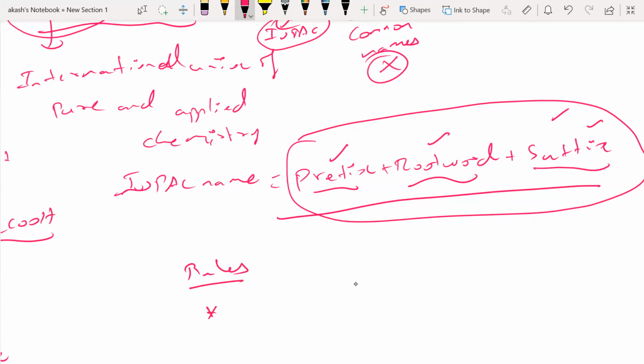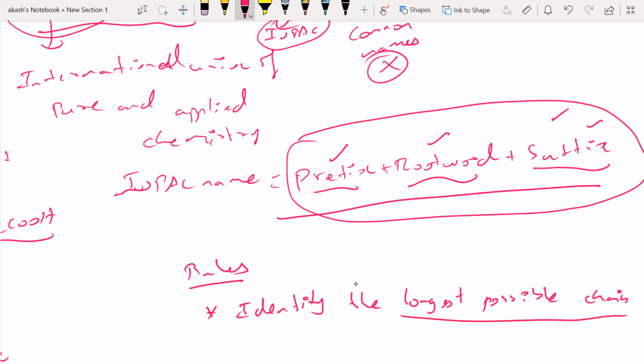The first rule which you have to follow is you are going to identify the longest possible chain. Okay, right? The first step in IUPAC naming is that you are going to identify the longest possible chain. So what I'm trying to tell you, right?